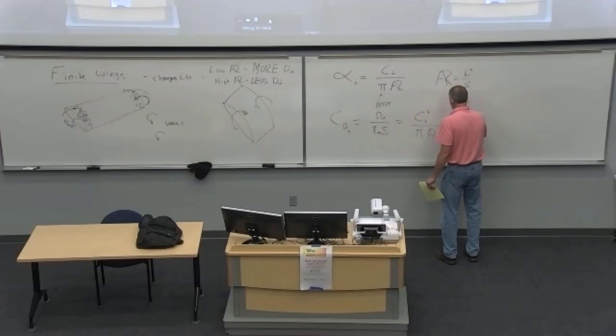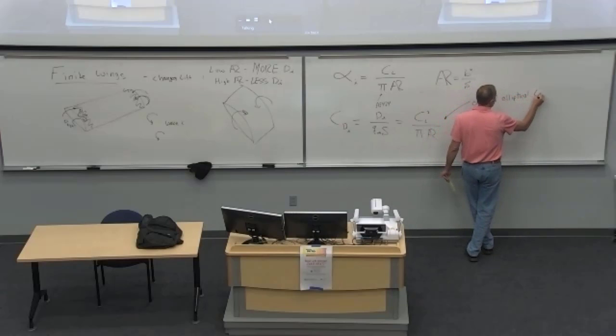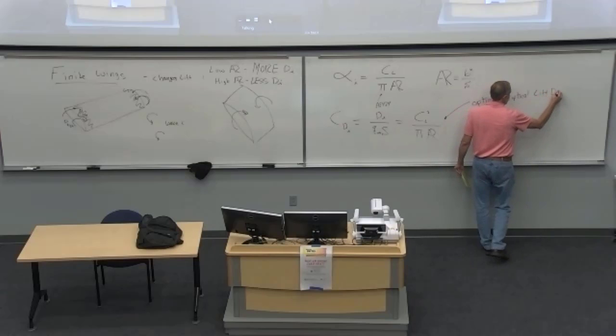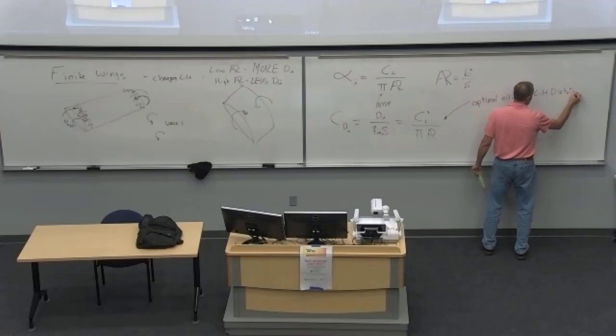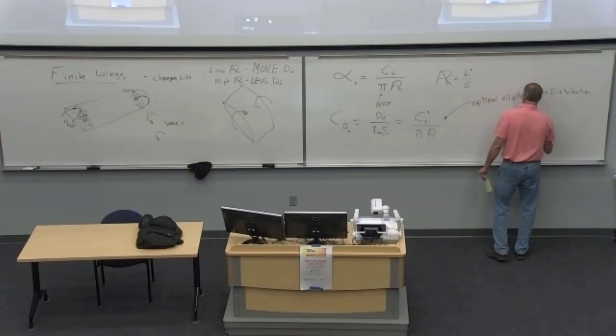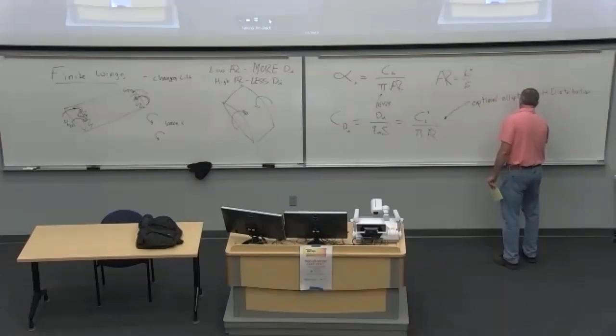And this is for what's called an optimal or elliptical lift distribution. What that refers to is how the lift is distributed over the span of the wing.